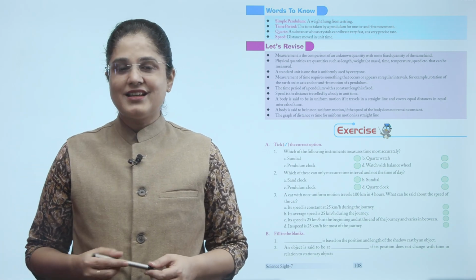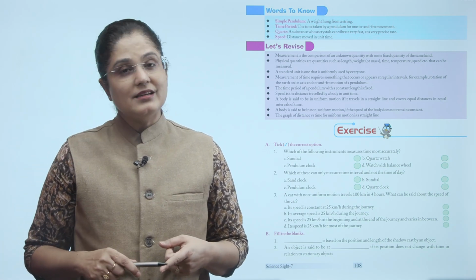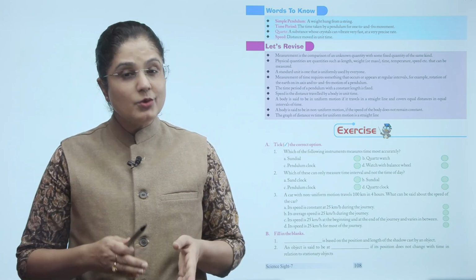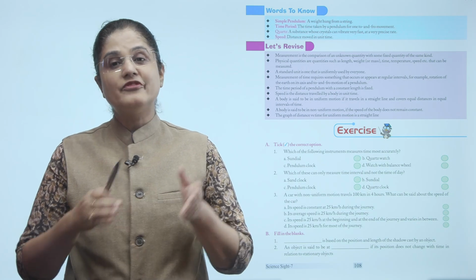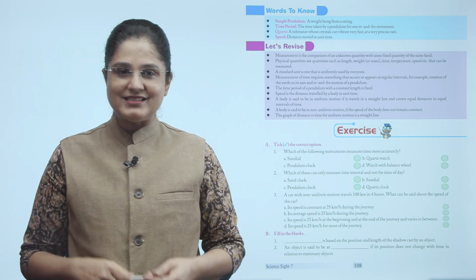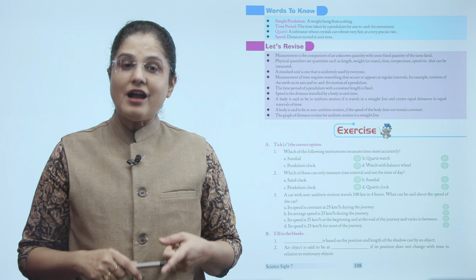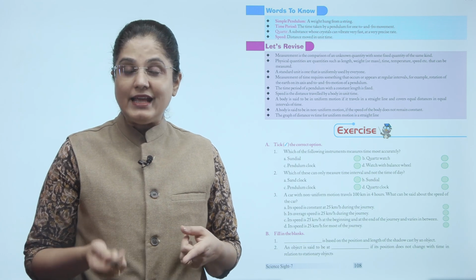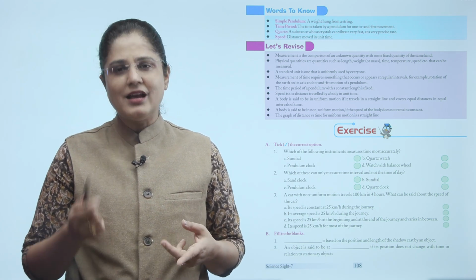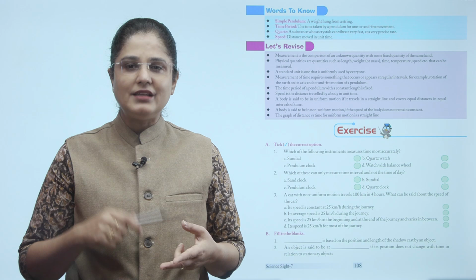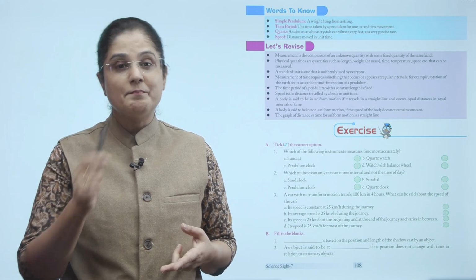Let's revise. Measurement is the comparison of an unknown quantity with some fixed quantity of the same kind. Physical quantities are quantities such as length, weight or mass, time, temperature, speed, etc. that can be measured.